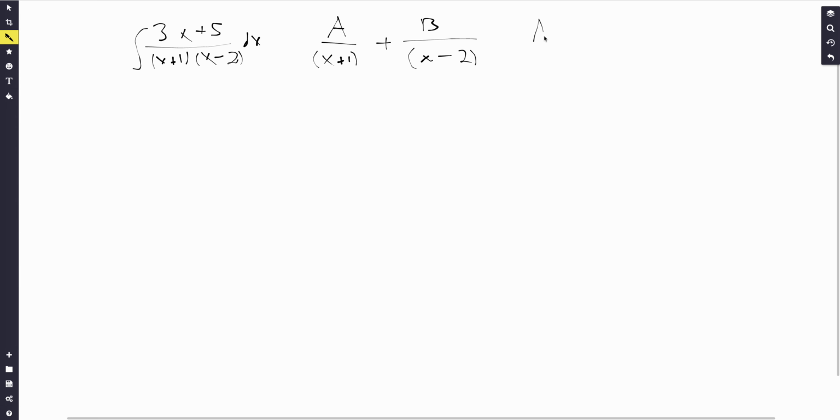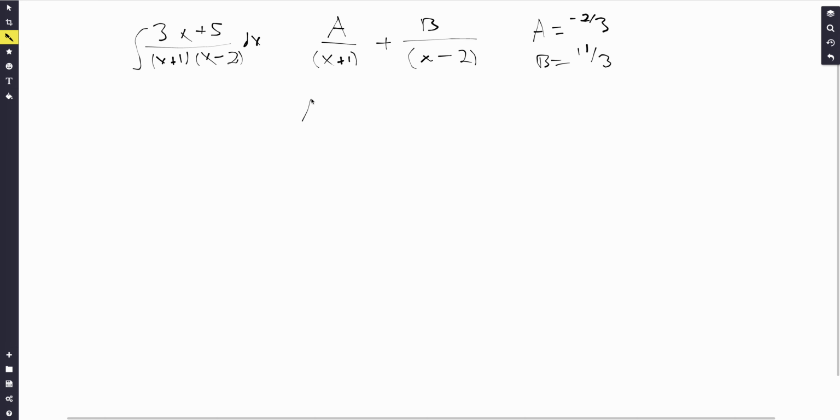And we knew that A is equal to what and B is equal to what, and we knew B was equal to 11 thirds and then A was equal to negative 2 thirds. Alright, perfect.